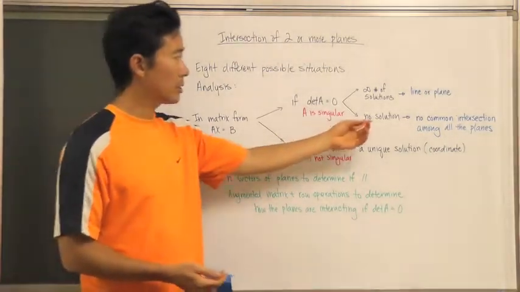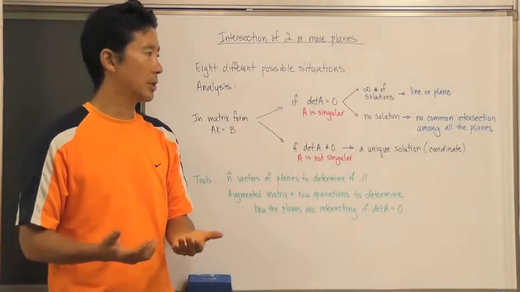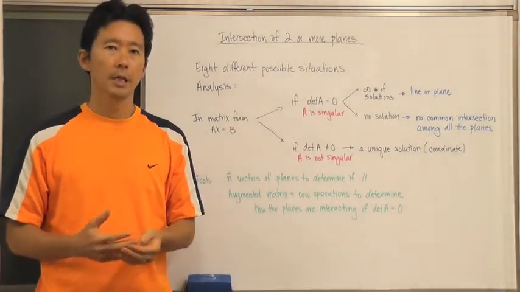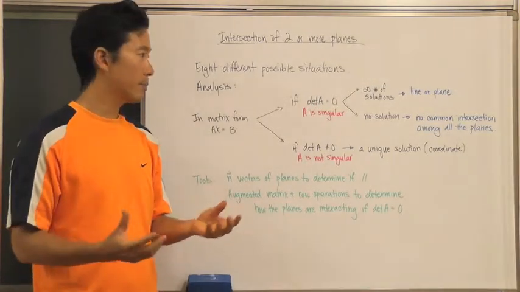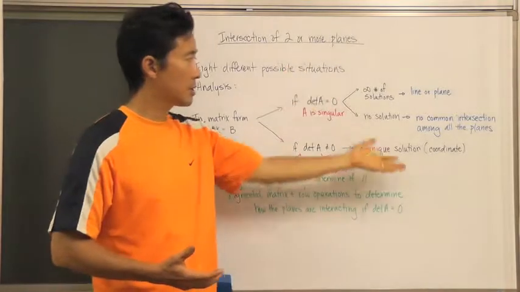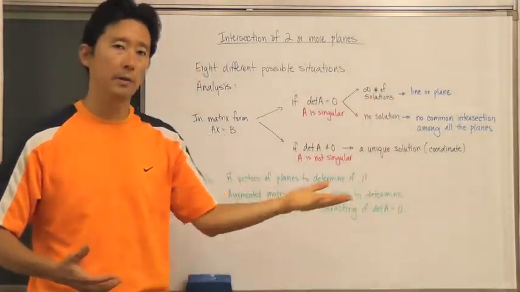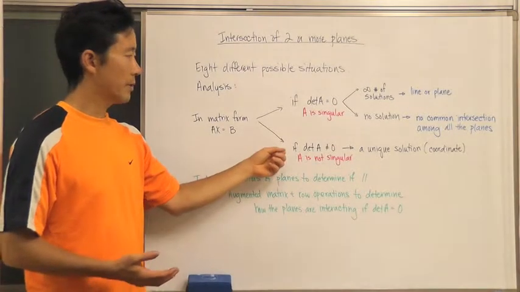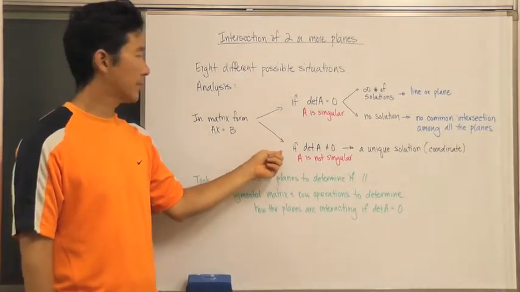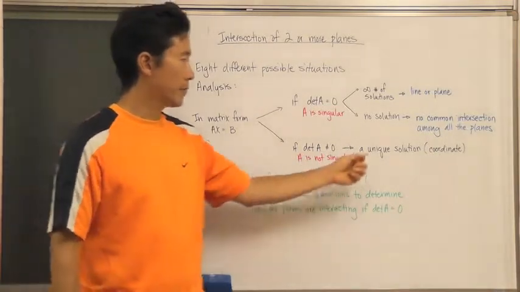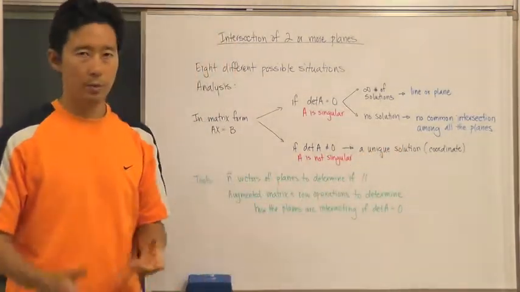Now, you could also take a look at no solution, where you have no common intersection among all the planes. That might sound very simple, but remember, we have 8 different possible situations, and 7 of those situations are going to have to fall into one of those categories, in addition to this one here. Of course, this one here is something that we've already looked at: if the determinant of A is not equal to 0 and A is not singular, then we come up with a unique solution, which is going to be a coordinate.